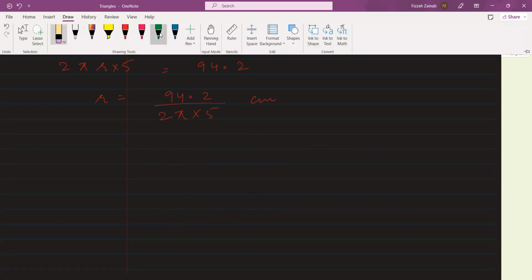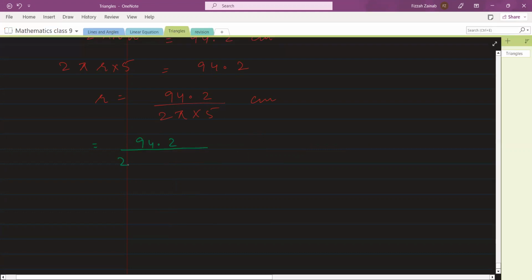So 94.2 divided by 2 into, in place of pi I'm writing 3.14, and into 5. Is that all right?